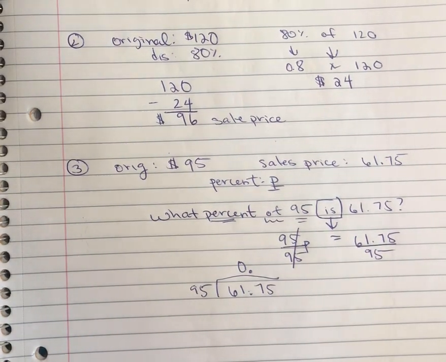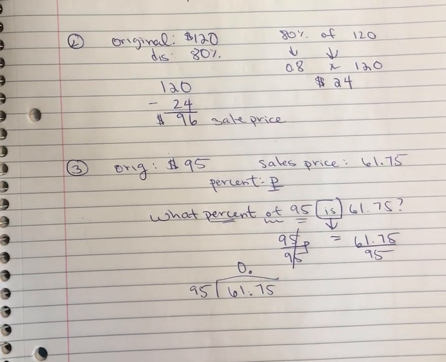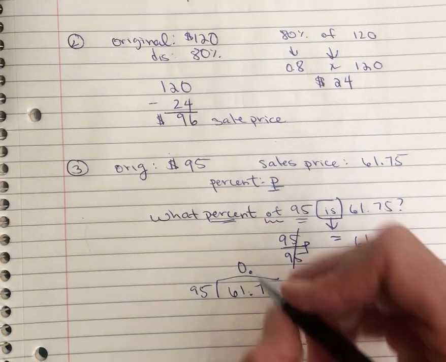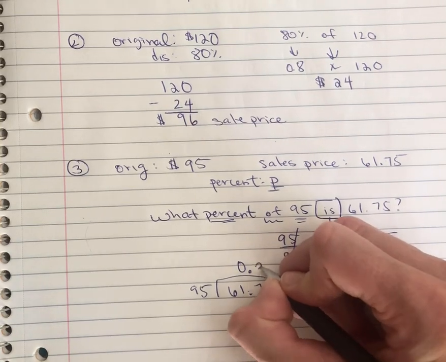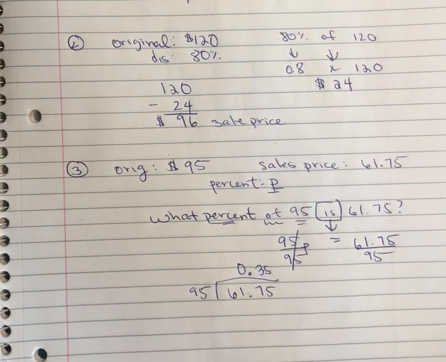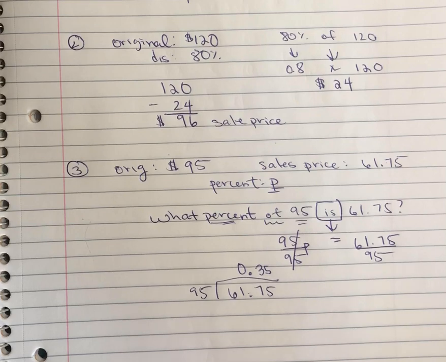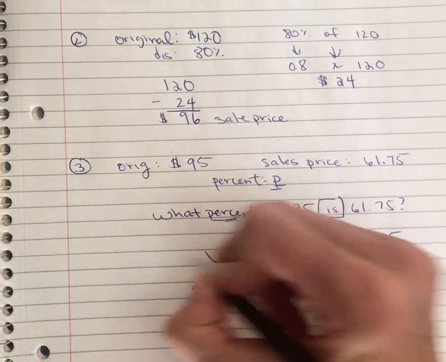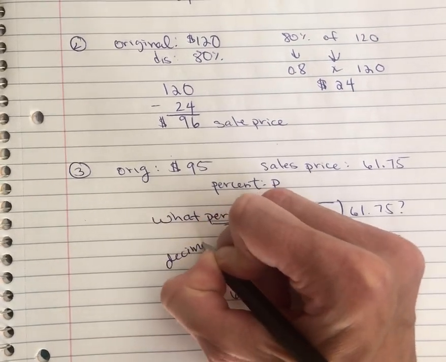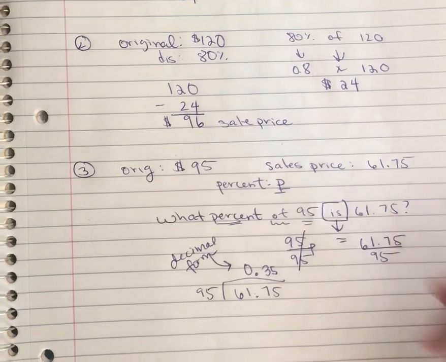And when we continue with our division, I know you can do long division, so I'm not going to work it out for you. We get 35.